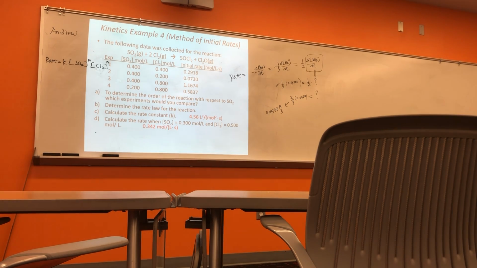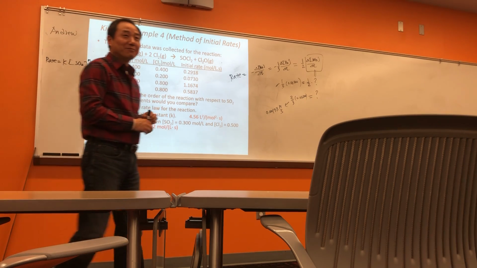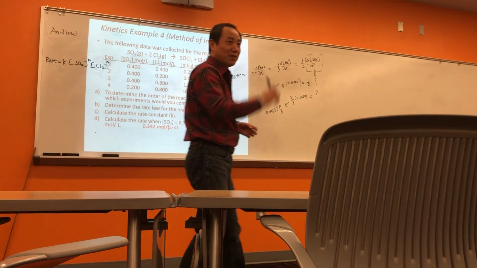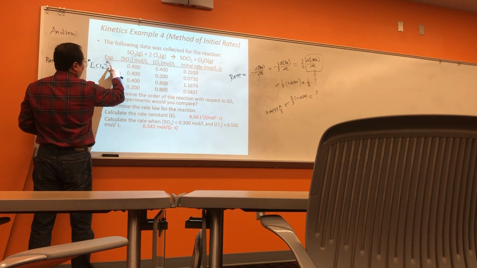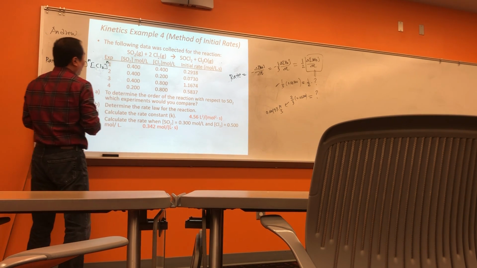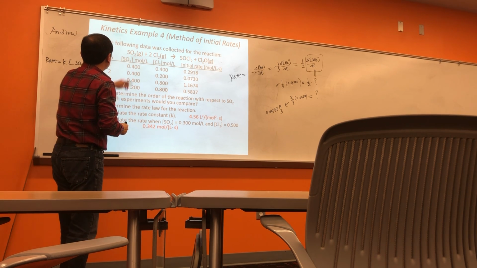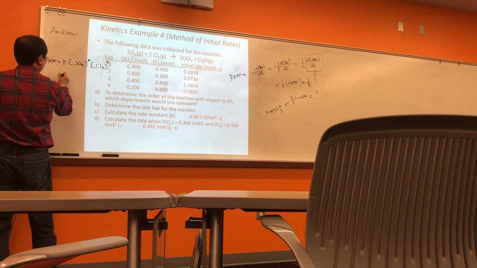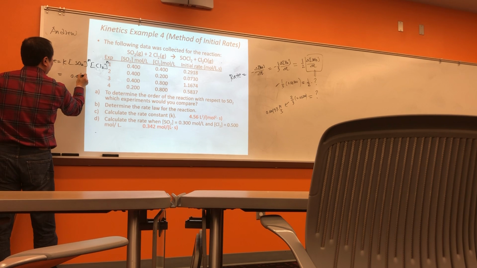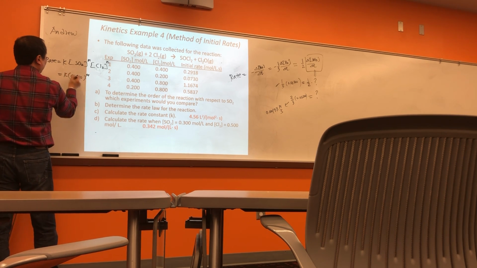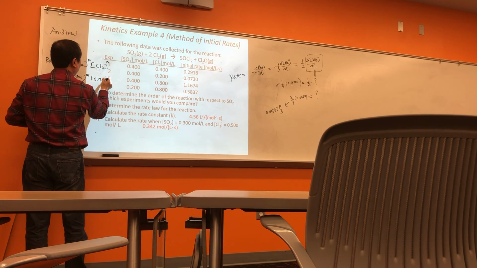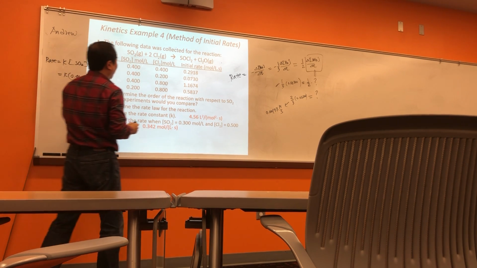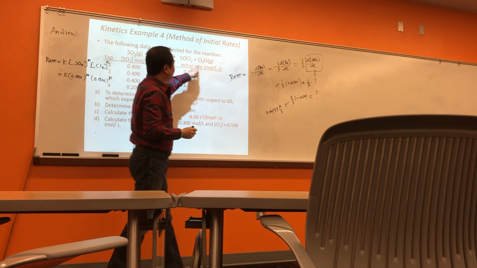There's a shortcut and there's a more detailed approach. Which one do you want to see first? We'll do both. Detailed approach first. So experiment 1: this is the concentration they used for SO2, 0.400 M, and this is the concentration for chlorine, 0.400 M, and the initial rate is just the reaction rate.